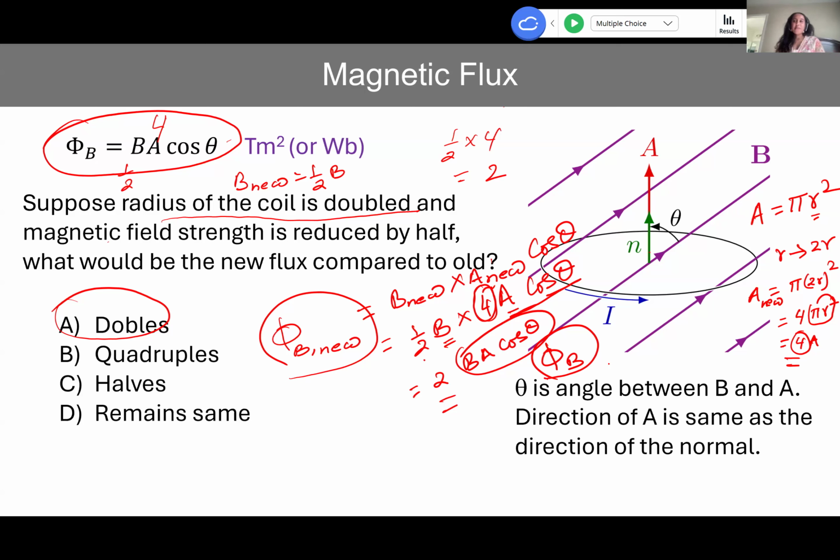Right. That's how I solved it. Would that work for other problems, or should I do it mathematically? Yeah, mathematically, because more could be double or quadruple, right? Both of these are more. So how do you figure out which one it is? For that, you need to say, okay, area is becoming 4 times larger because radius doubled. Okay. Makes sense.